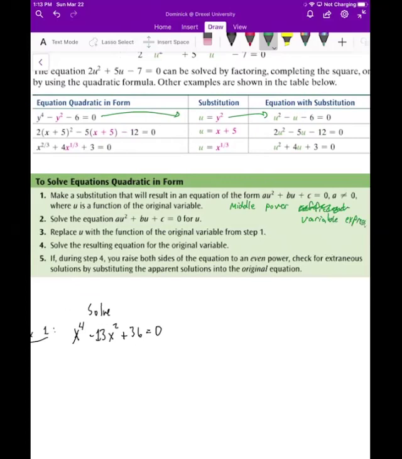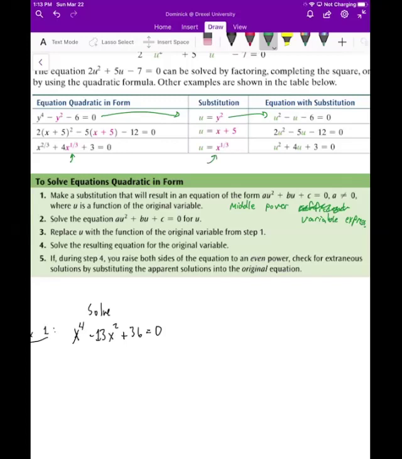I don't know if that's the best wording for it, but that's the idea. We want to make u whatever is the middle power. So in this case, your middle power is x to the 1/3. So that's what you would use as your substitution.